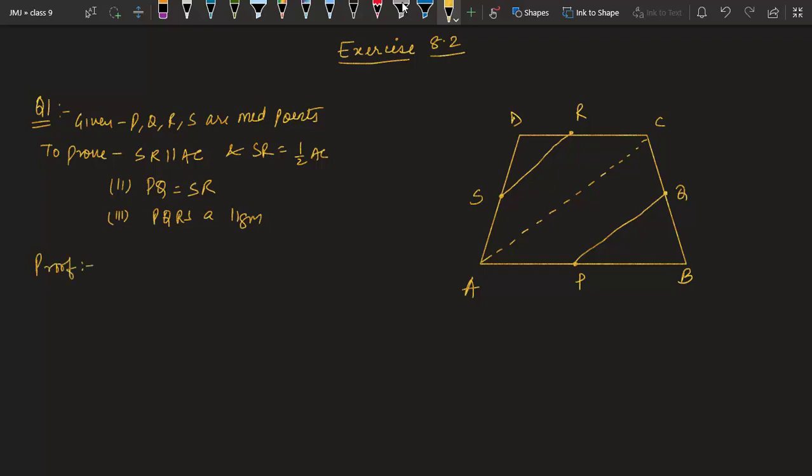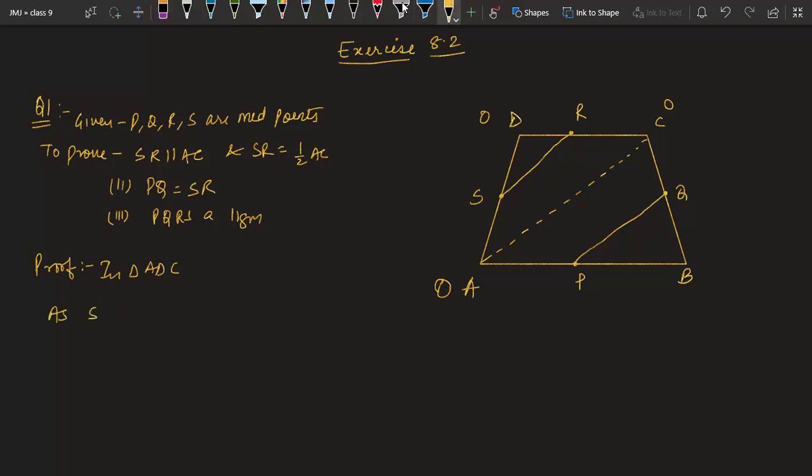First thing, we have to prove SR parallel to AC. So if you observe, in this quadrilateral we have a triangle ADC. In this triangle ADC, we can apply the theorem, because that theorem of midpoint is applicable in triangle only. We can write the statement like this.